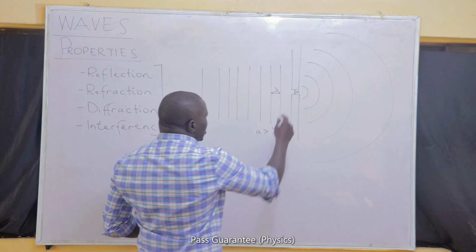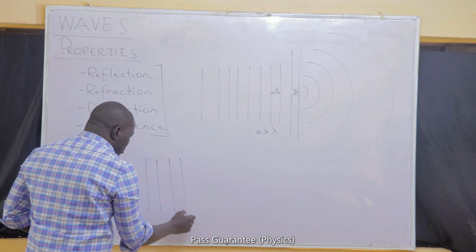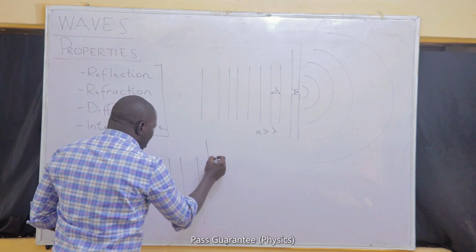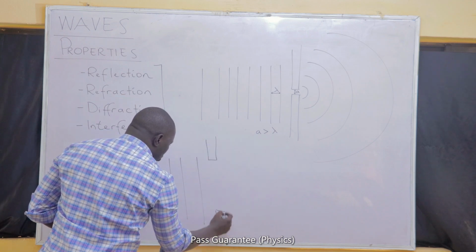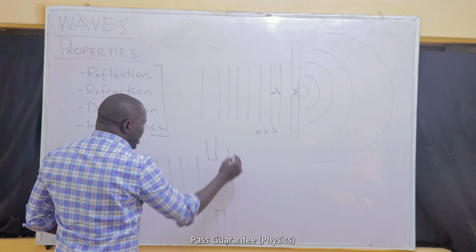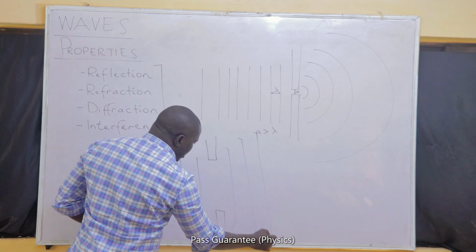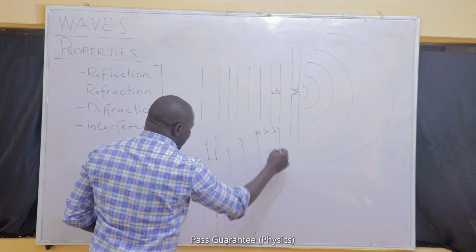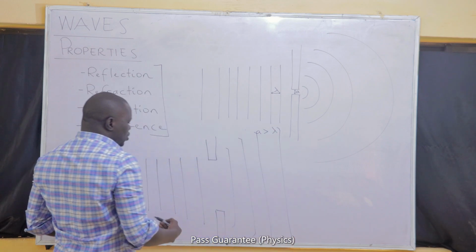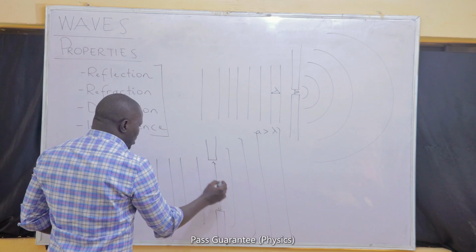If the opening is a little bit larger than that, you only have a slight diffraction pattern at the edges. Much of the wave will remain the same.